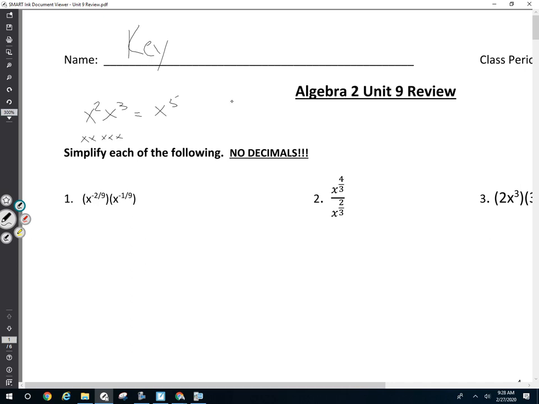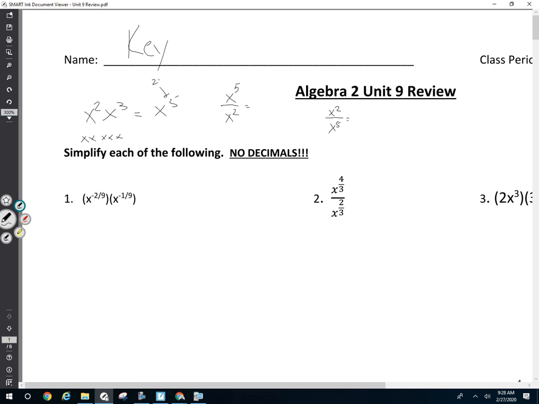Versus maybe I have x to the fifth over x squared, or I have x squared over x to the fifth. Here's 2 examples that are important to know. Every x over x ends up being 1, so we realize we can add. That's what I kind of wanted to get to.